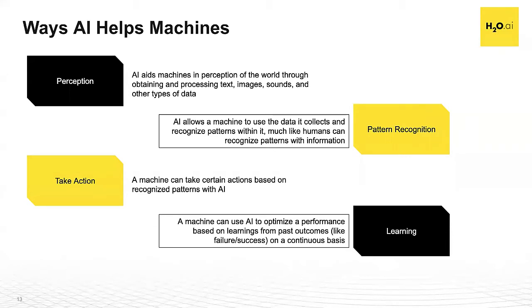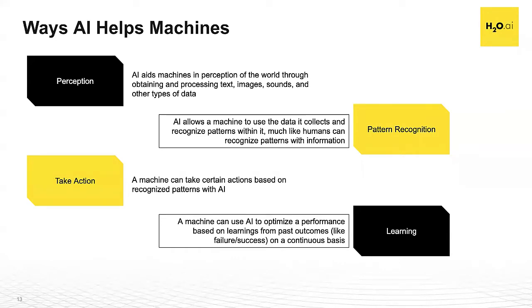That's where the machine can use AI to help optimize the machine's performance based on feedback or learnings from past outcomes. That can include failures or successes, and this should happen on a continuous basis.